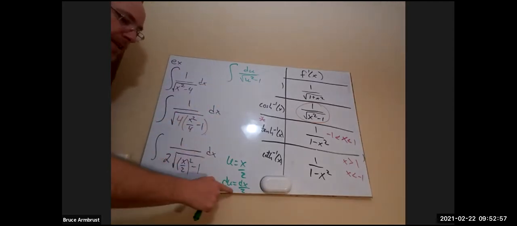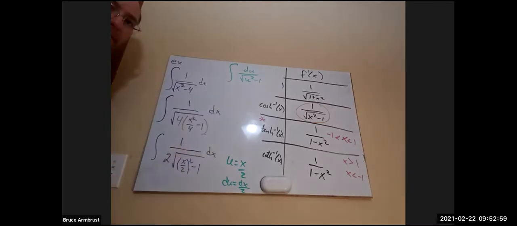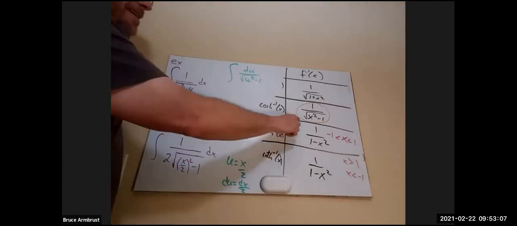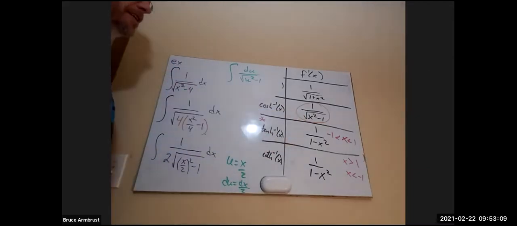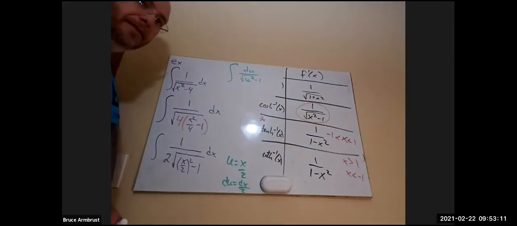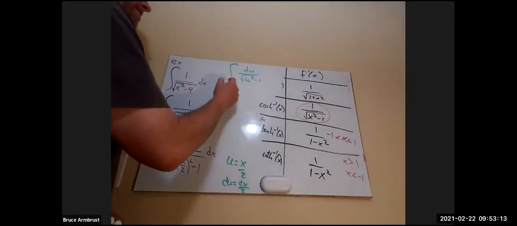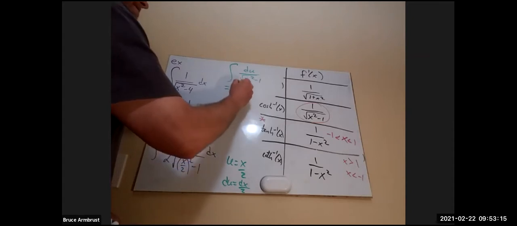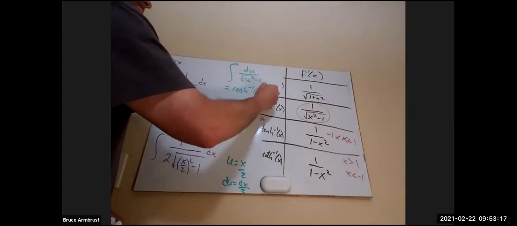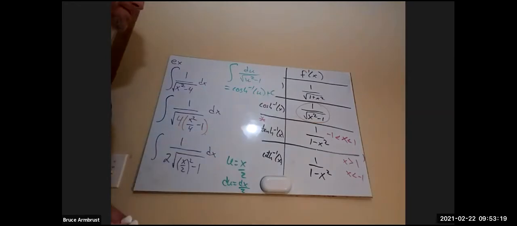And the dx over 2 stuff became part of the du. And now this is exactly the form for inverse cosh. So this is going to be cosh inverse of u plus c.